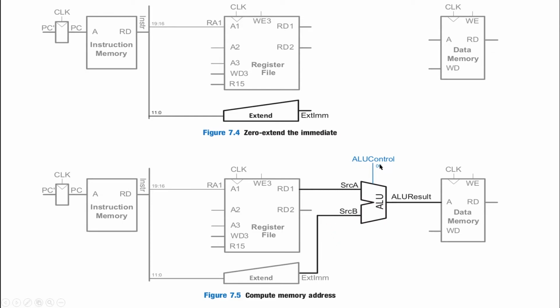A control of 00 means an addition. So the ALU with a 00 control will execute an addition of source A and source B and output the result into the data memory, into port A.